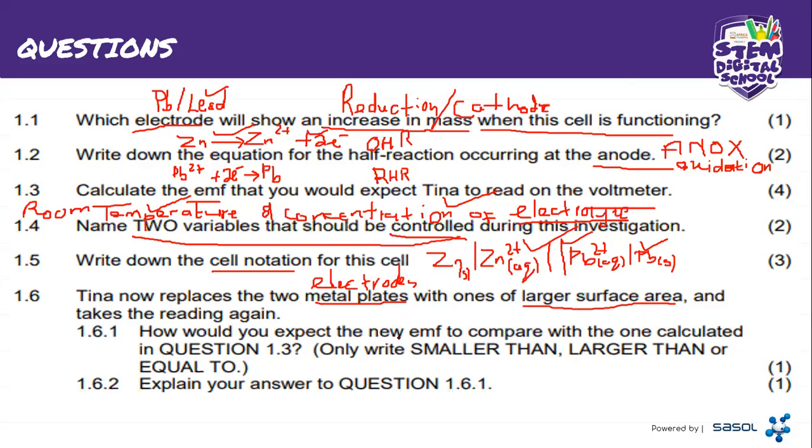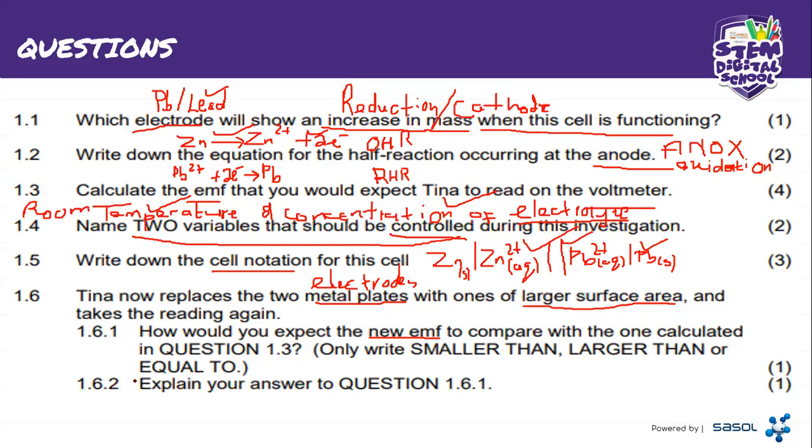How would you expect the new EMF to compare with the one calculated in 1.3? So the EMF that I calculated there with a smaller surface area, basically, how can I compare it to the one with a larger surface area? And in fact, we want to know, how would you expect the new EMF? So I'm comparing the new EMF with the old EMF. How would I compare it?